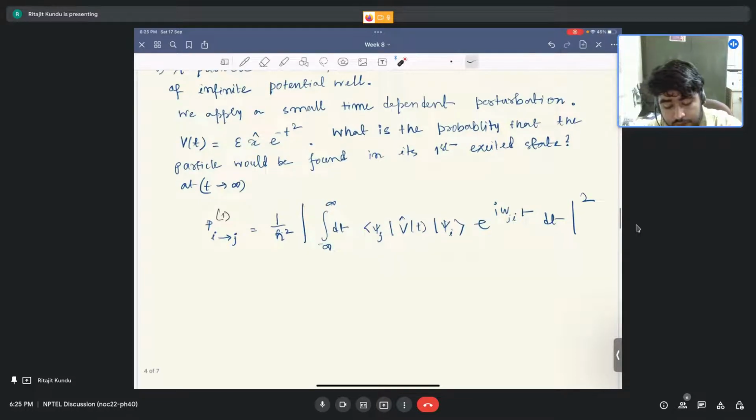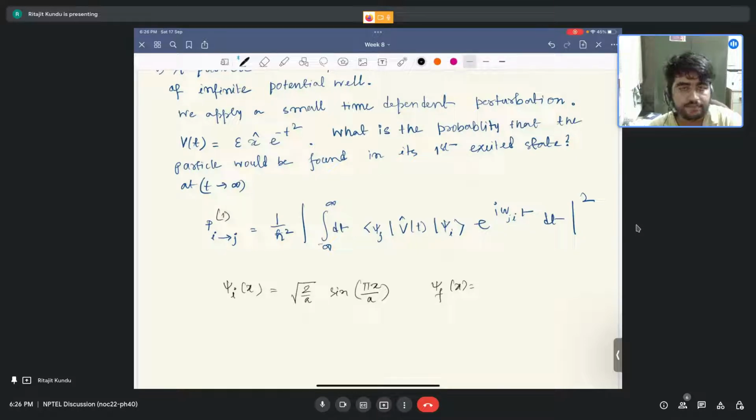Our psi_i of x, at t equal to minus infinity, though we don't have to mention the t argument, was the ground state. The final state is the first excited state of the same potential well.